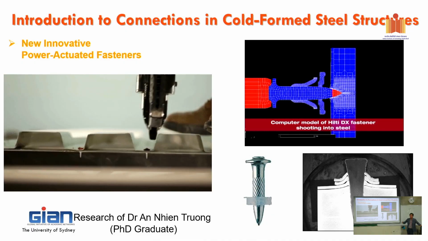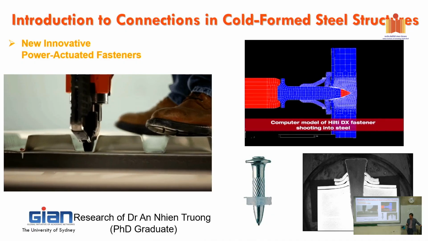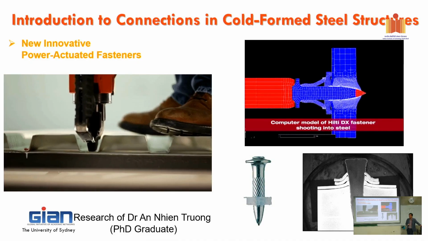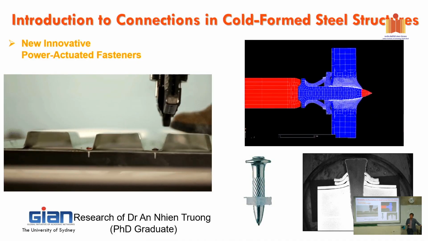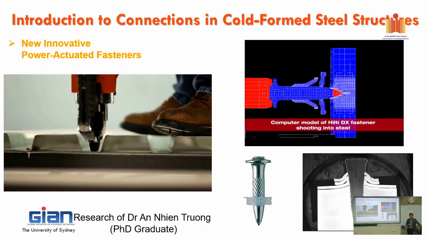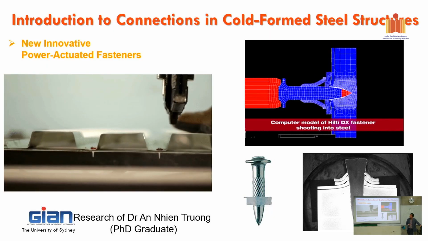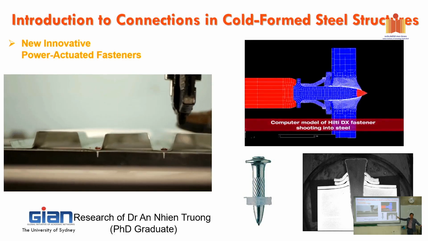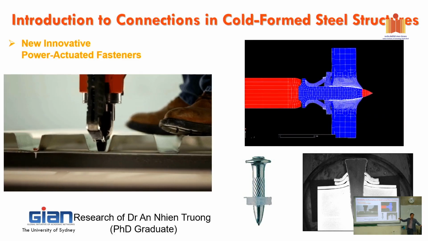So they punch one on top of a concrete block or something to anchor it. That's what they call an anchor. But for steel to steel, there's less application, especially in Australia as well.